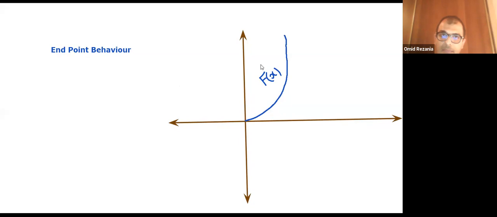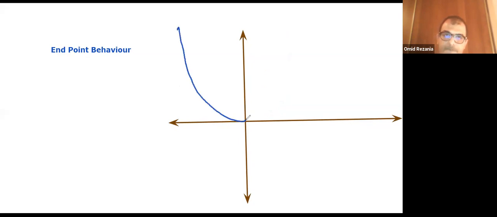Let me do that from the other side. It's going to be much easier to explain that to you. Okay, that's going to be my f of x, which is half of the polynomial which I wanted to show you.